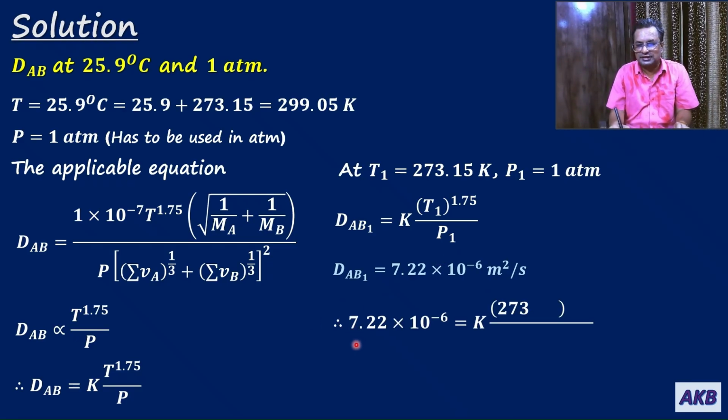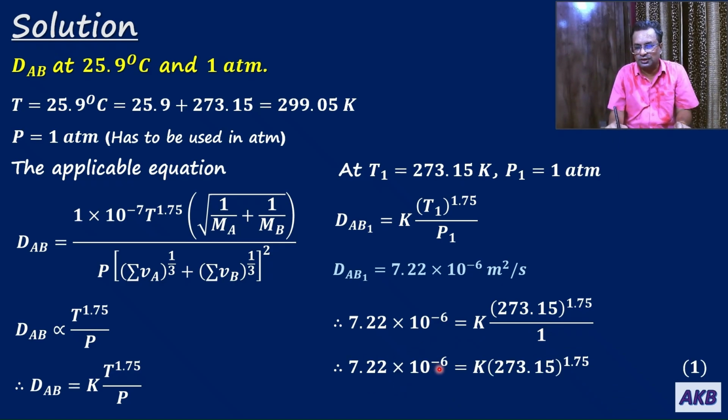So if I use it, 7.22 into 10 to the power minus 6 is equal to K into 273.15 raised to 1.75 divided by 1, and I am calling this equation number 1.